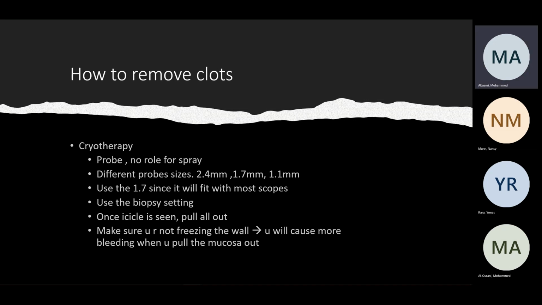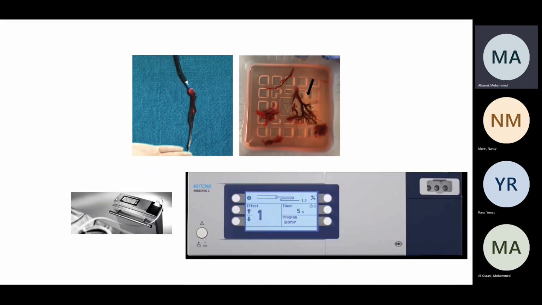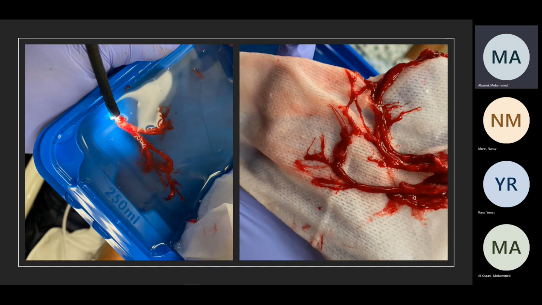Once you see the icicle formed on the tip of the clot, you just pull the whole unit out. Trust me, you can remove entire bronchial tree casts with the cryo. You can remove an entire cast completely out with the cryo.